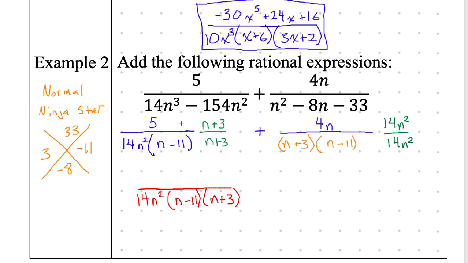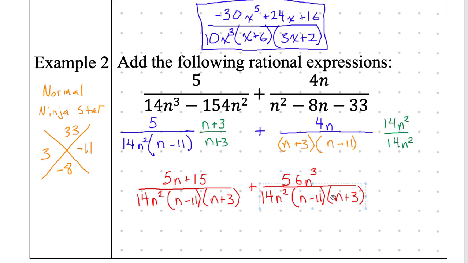Alright, and what is our numerator? What is our top? Well, at least in this case, I'm going to do 5 distributed into that n plus 3, so 5n plus 15, copy down the plus sign, and 4 times 14, what is that going to be? 4 times 4 is 16, so carry the 1 and turn it into a 5, so 56, n to the power of 1 plus 2 is 3, and don't forget the same denominator, and then I just add them.